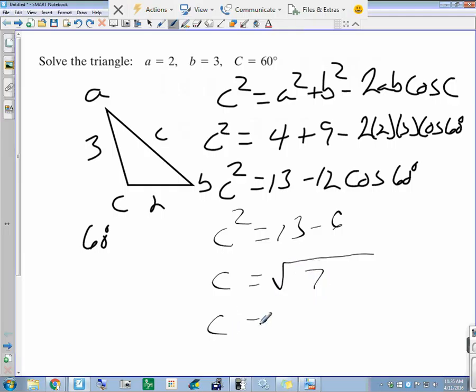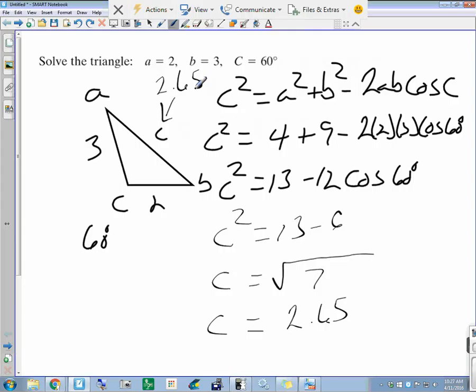So C should be equal to what as a decimal value? 2.65. Okay. So C is supposed to be equal to 2.65. So that means this side right here is 2.65.